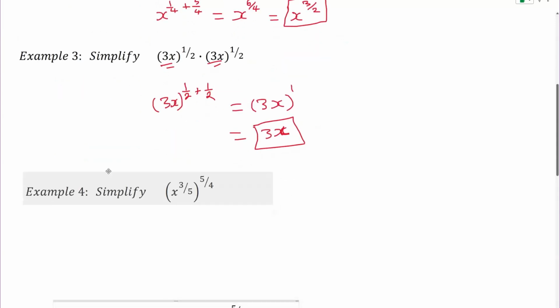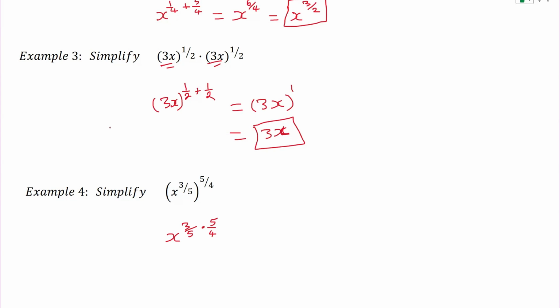You want to simplify x to the 3/5 raised to the 5/4 power. So again, in this rule, when you have one power raised to another power, then you have to multiply the exponents. So this is going to be x to the 3/5 times 5/4. Right? So you multiply the exponents in this instance.